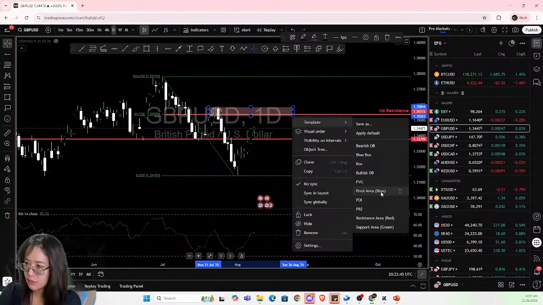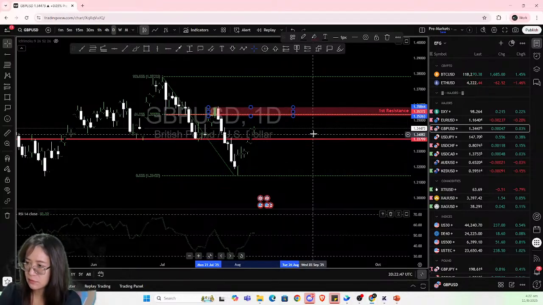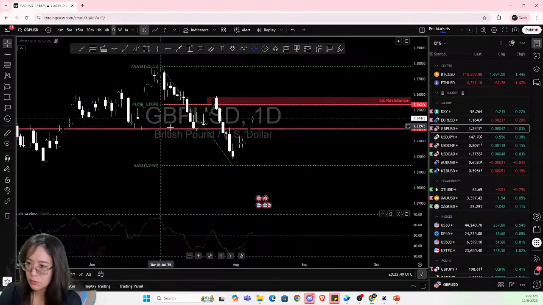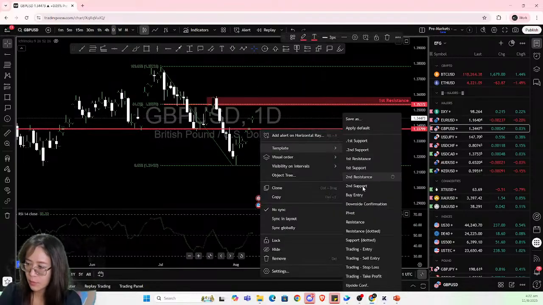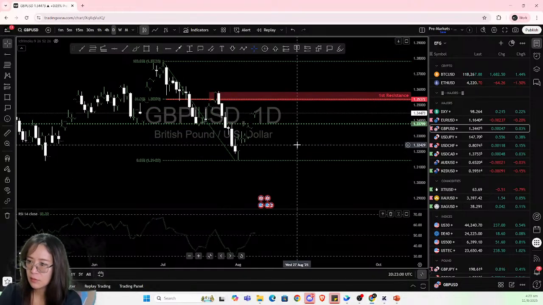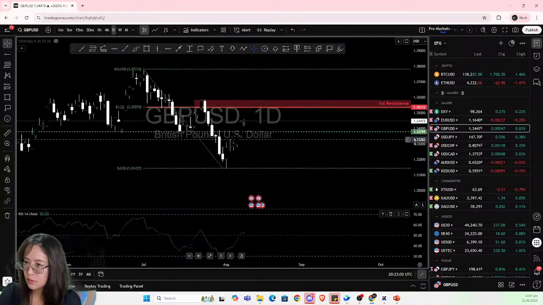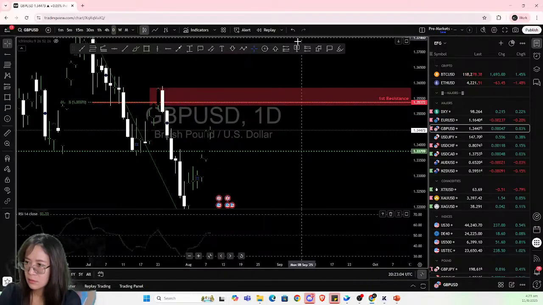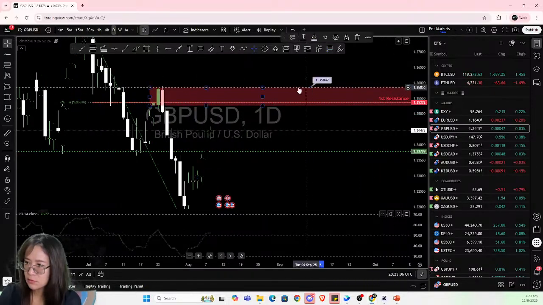I would pick this one first for the first resistance. This one I would say is a pullback support or intermediate support level. So we will monitor this level, either somewhere around this zone.